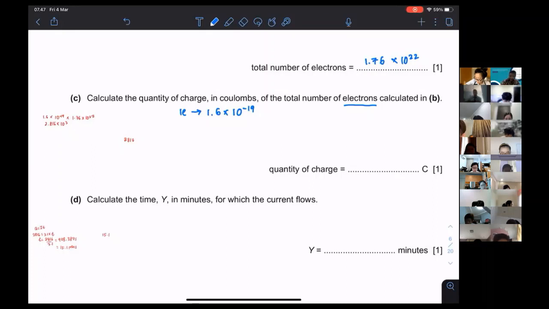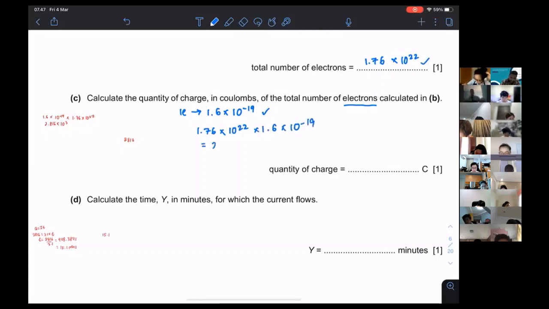This is the charge. They want the quantity, so there is no need to put negative. They want the charge in coulombs. So you just need to multiply 1.76 times 10 to the power of 22, the number of electrons, by 1.6 times 10 to the power of -19.